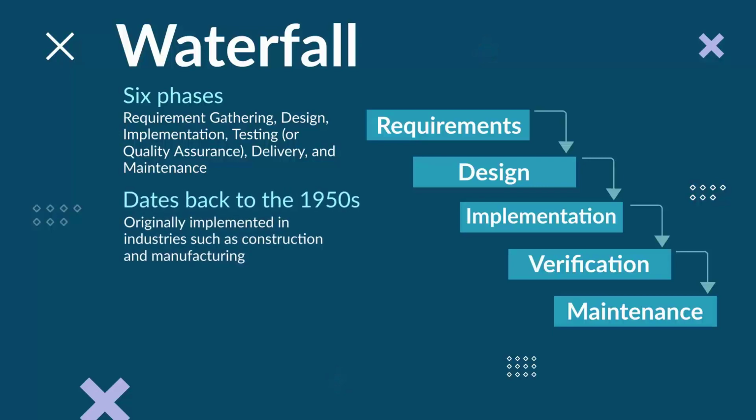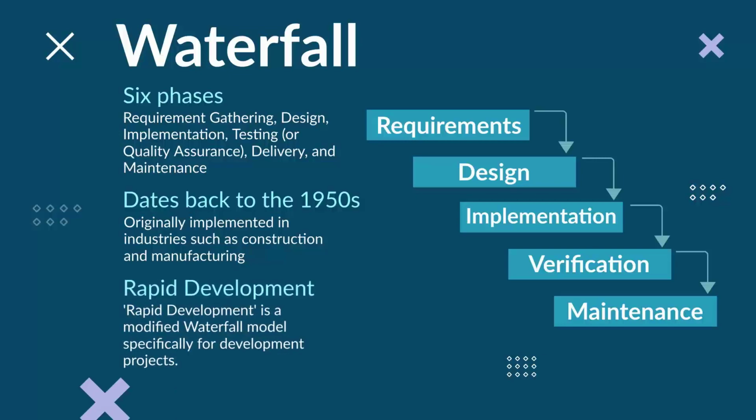Waterfall was originally implemented in industries such as construction and manufacturing, dating all the way back to the 1950s. It has since been applied to software development projects, and you may hear the term rapid development, which is a modified waterfall model specifically for development projects.